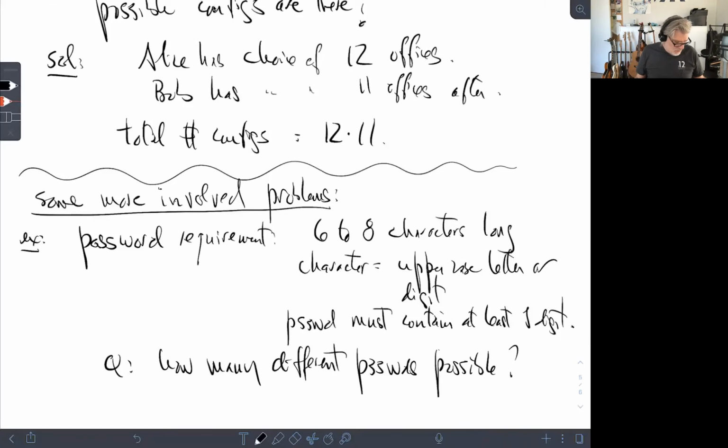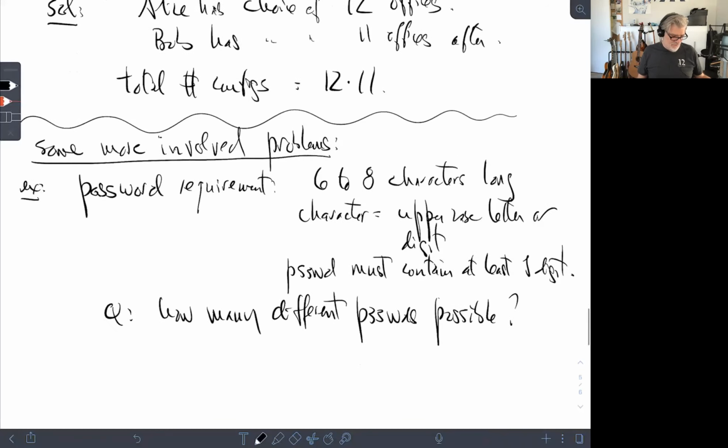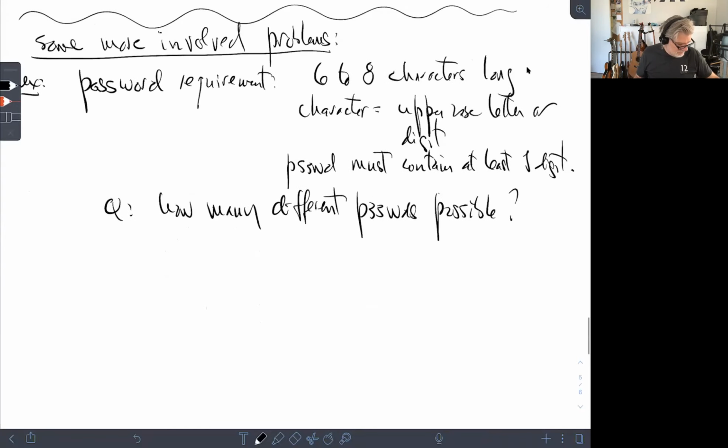Okay, so if you start thinking about this, the first thing that will come to mind is to count those of length 6 and then count those of length 7 and then count those of length 8 separately and add by the sum rule. I think this is the first thing that you would probably try.